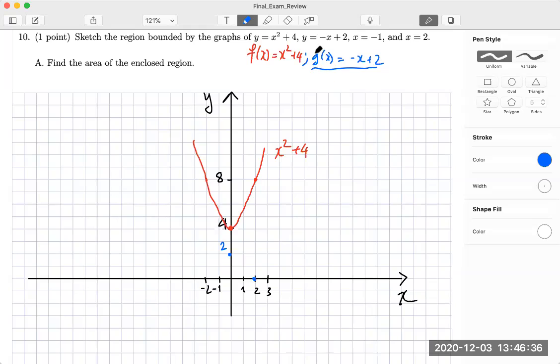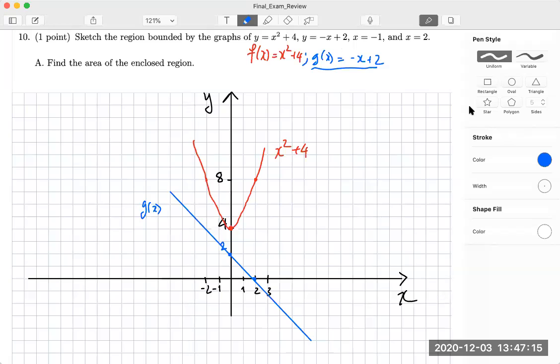The x-intercept is when y is equal to 0. When y is equal to 0, x is equal to 2. So the line will go through that point. This is the line g of x.